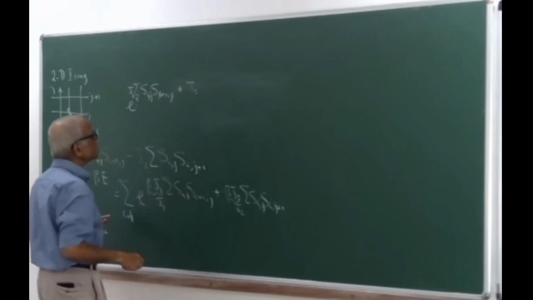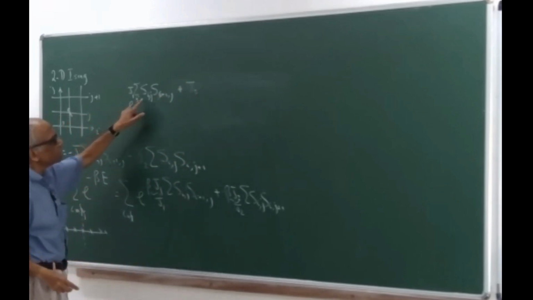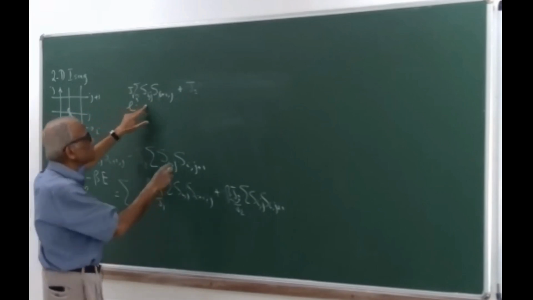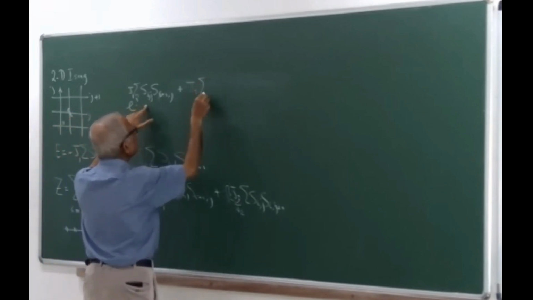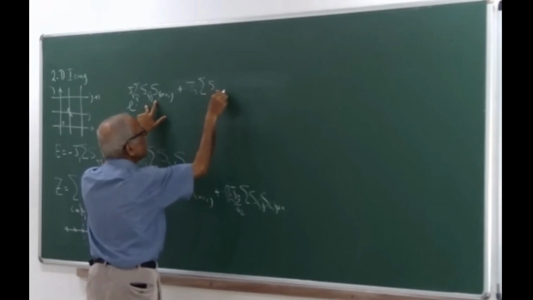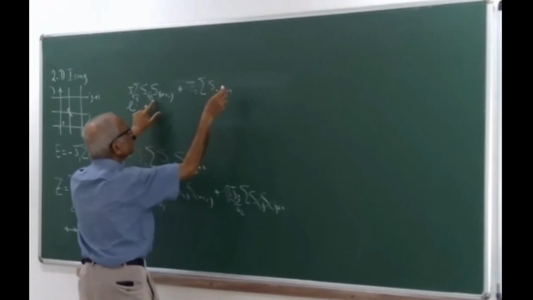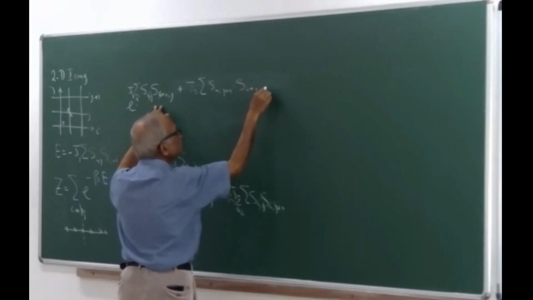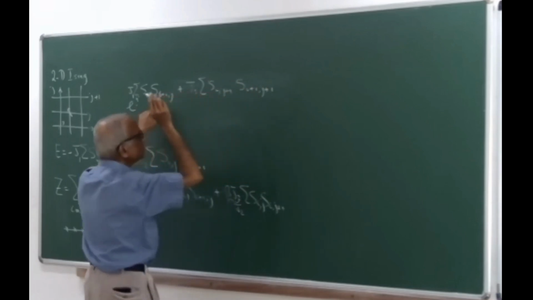So this is a sum over i along the jth level, and then the same thing at the next level. I would also have over here S_ij, and then I have to consider S_{ij+1}, and then S_{i+1}j+1.